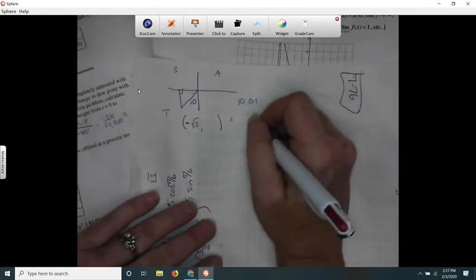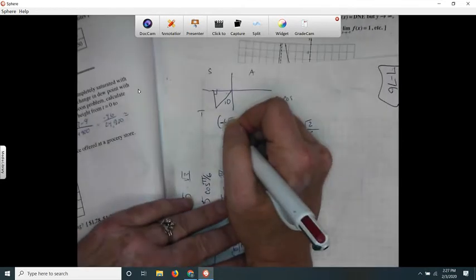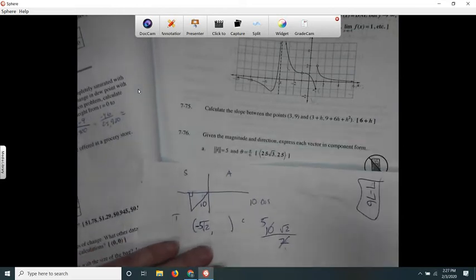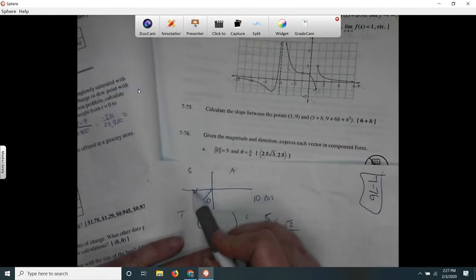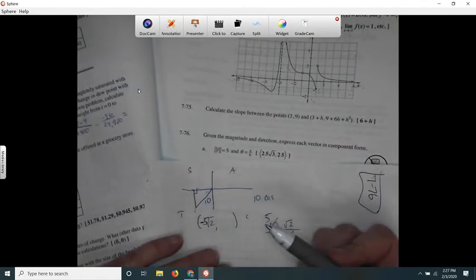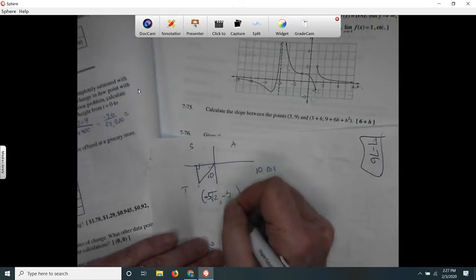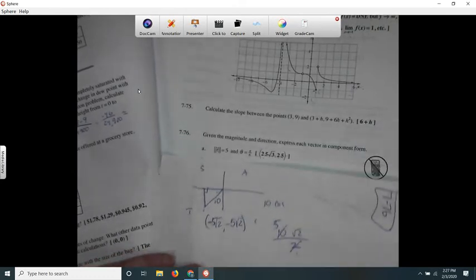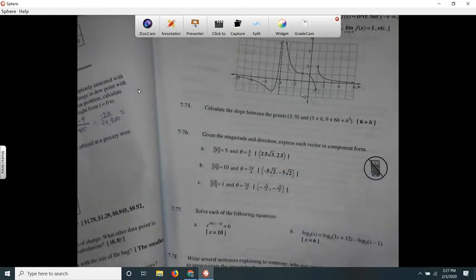Oh no, I messed up, because that's 5. Sorry, I didn't finish canceling. It's 5 root 2. I end up with 10 root 2 over 2 for both x and y. This will be negative, and that's negative also, like a negative sine value. And that's letter B.